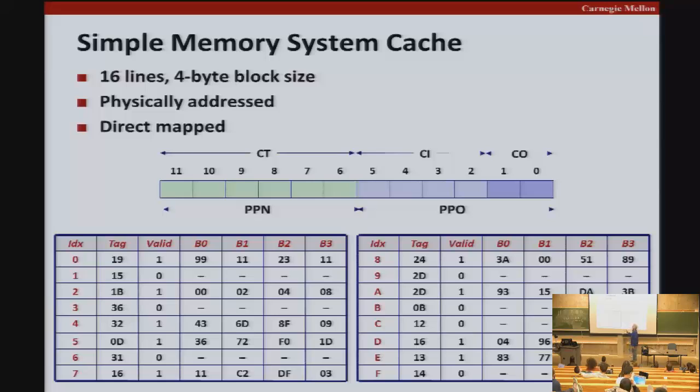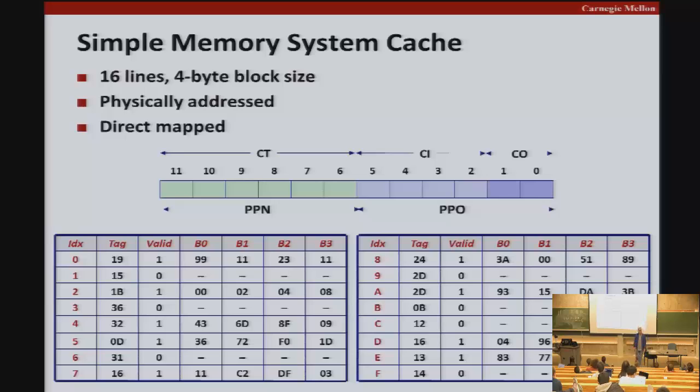Okay? And I'm going to say there's 16 lines in here, and it's direct-mapped. So the cache index is going to be 4 bits to access one of these 16 lines. And the remaining part of this address, 6 bits here, is going to be the tag that I'm going to use to compare it. So this B0, B1, B2, B3 are the 4 bytes in my 4-byte block that I have for each cache line.